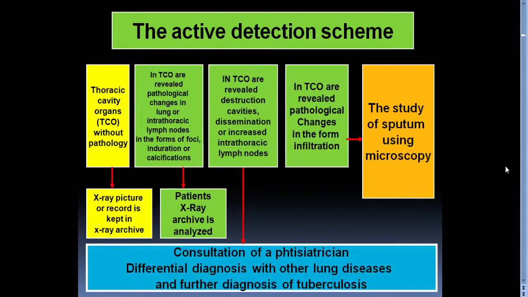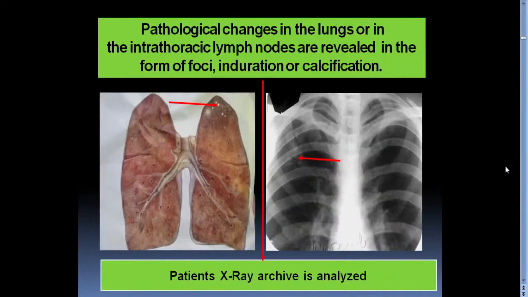If in thoracic cavity organs are revealed pathological changes in the form of infiltration, there must be a study of sputum using microscopy. And more detail about these methods.